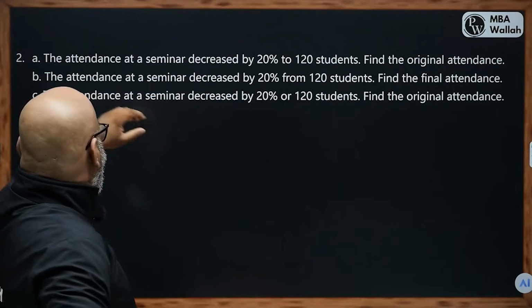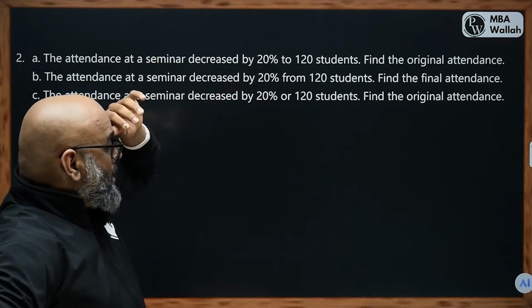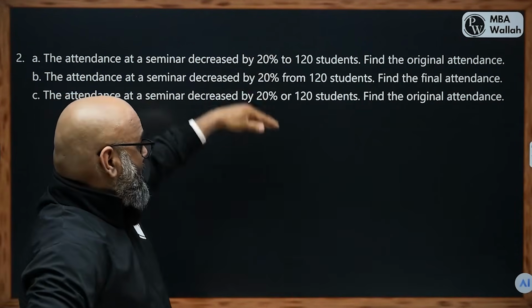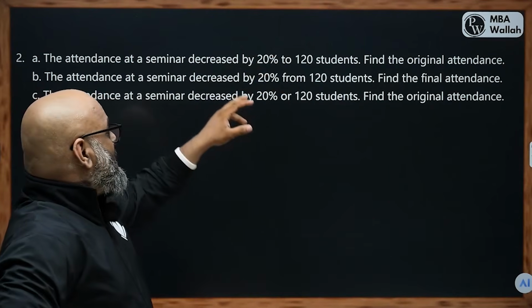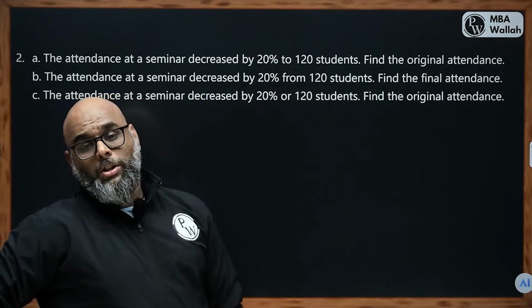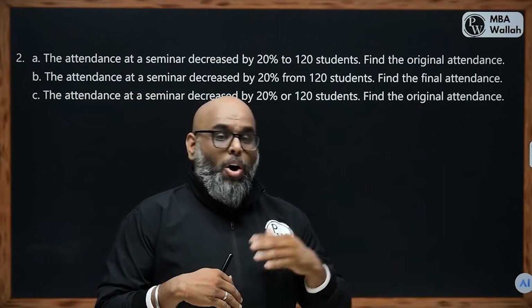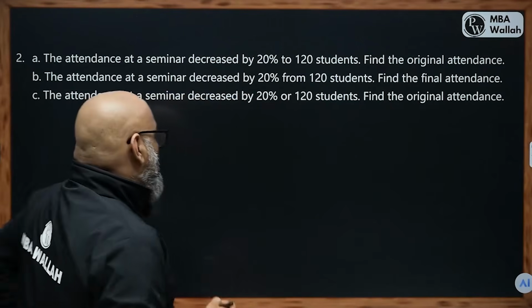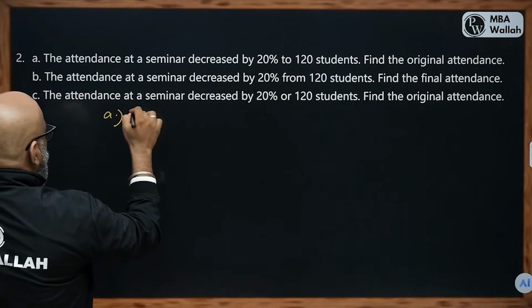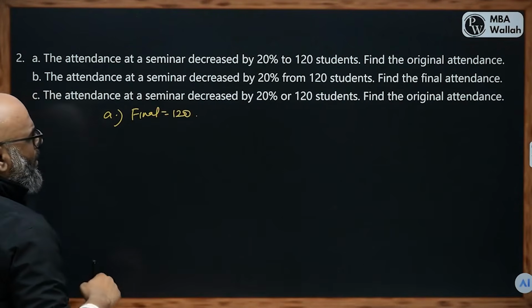So when you look at the question, the attendance at a seminar decreased by 20%. Now that's the standard statement across three questions. But the first question says decreased by 20% to 120 students. So it is telling you that after the decrease, it has gone to 120 students. So in the first case, my final value is 120.